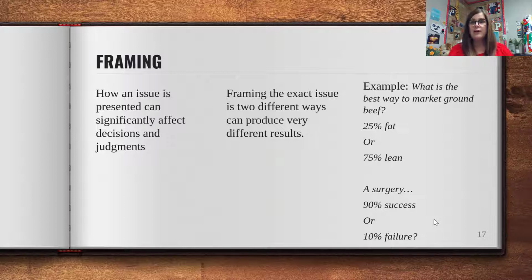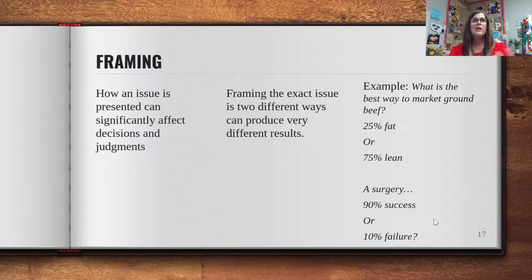So if you were an advertising representative and you were trying to figure out the best way to get people to buy ground beef, would you sell it by showing on the label that it is 25% fat, or would you show it as 75% lean? You have to ask yourself, are people searching for a healthier alternative?